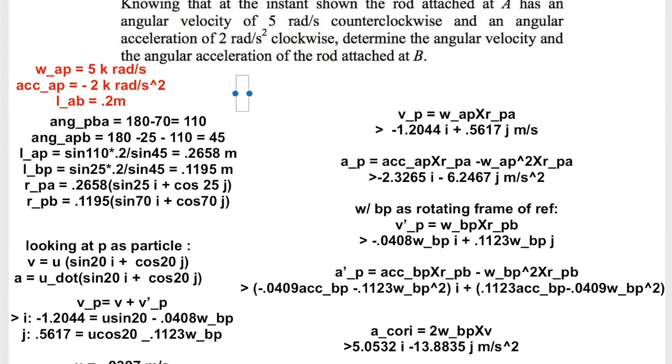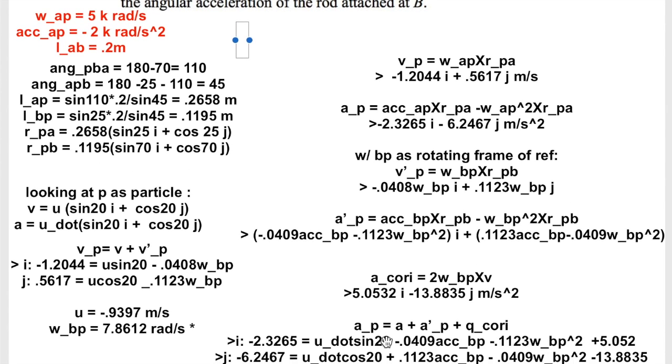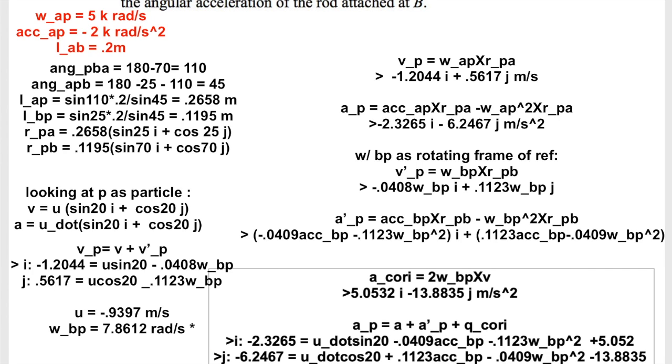For the acceleration, we do a pretty similar thing, but we need the Coriolis acceleration, which we find with our formula here. We set up our equation. Total acceleration at P has to equal the part of P acting as a particle, plus the part that comes from BP, plus that Coriolis acceleration.